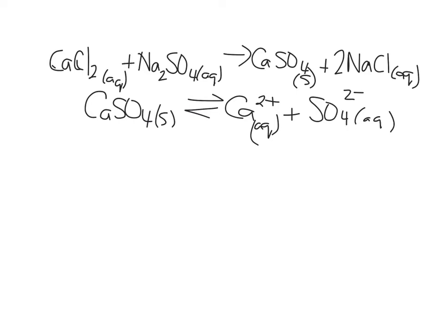You had 50 milliliters plus 50 milliliters of the other solution, so your final volume is now 100 milliliters. So you use C1V1 equals C2V2 to figure out the new concentration of your ions.